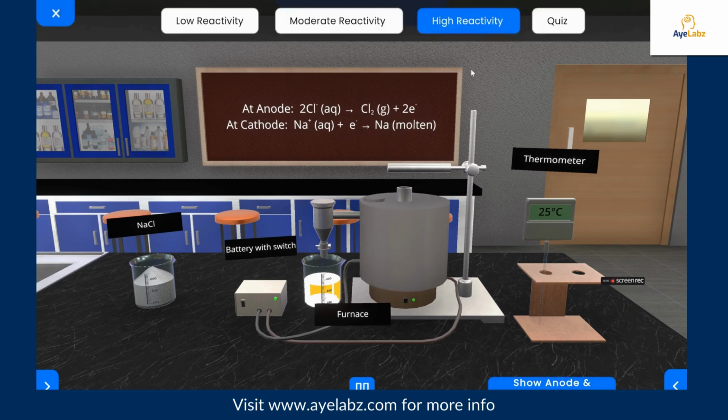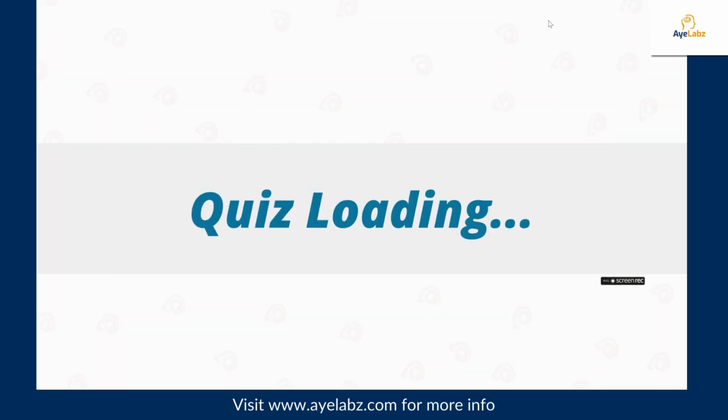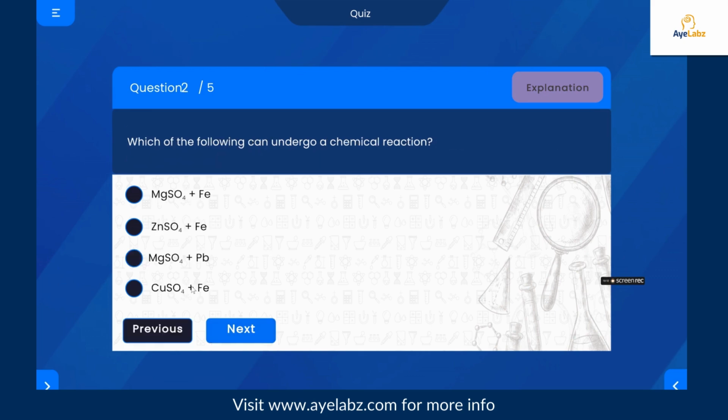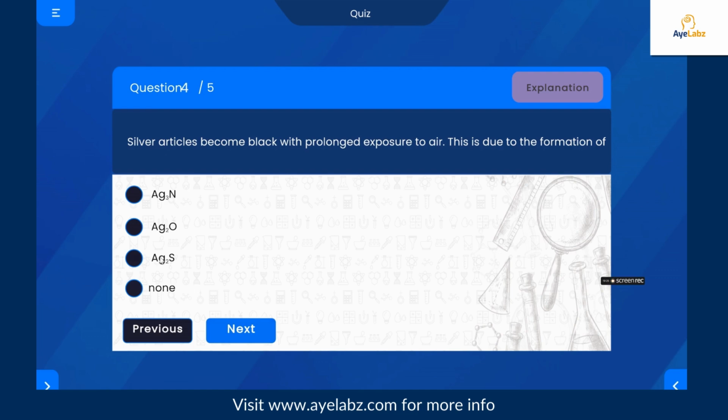Let me take you through the last part of the simulation, that is the quiz. In the quiz, we have a set of 5 questions to understand how well the students understood the concept and where they are lagging in knowledge. Here, you have to attempt all 5 questions to check the marks.